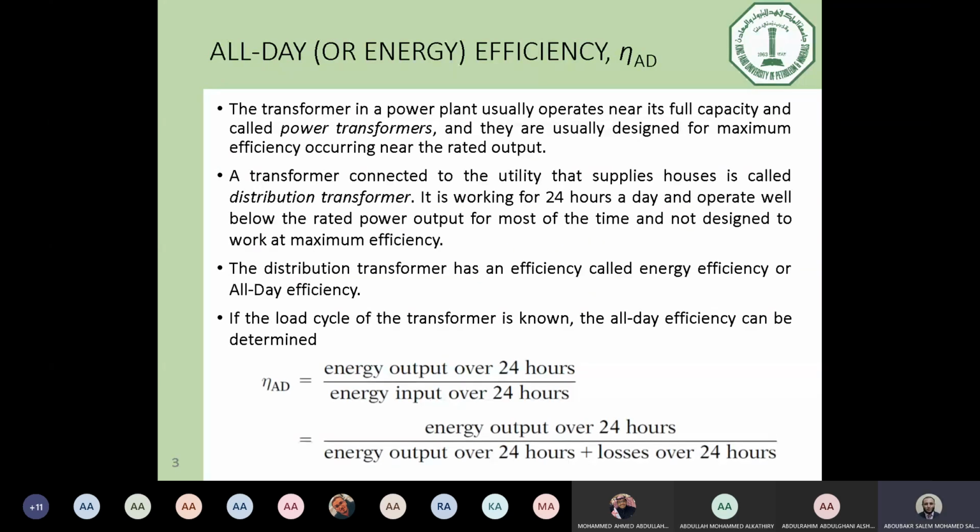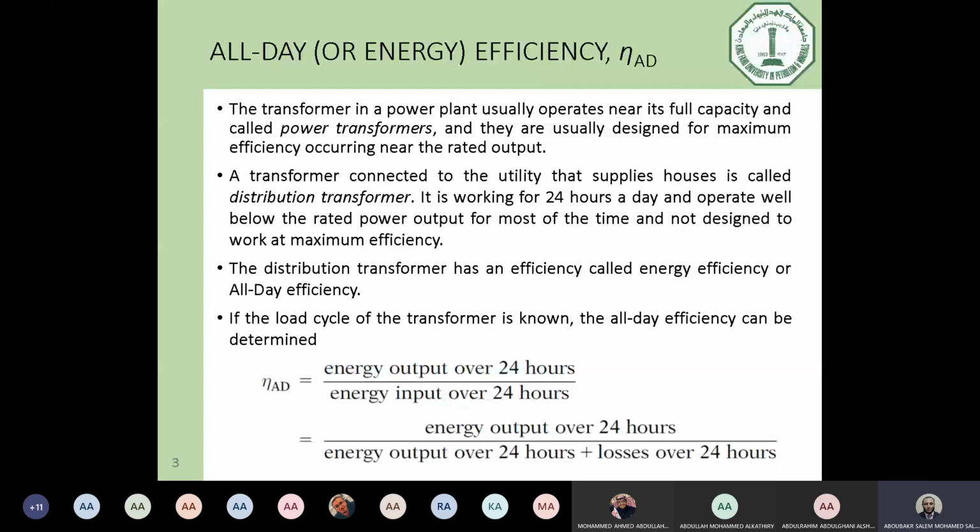So let's start with the expression of all-day or energy efficiency. Now, we have a power transformer, which exists mainly in power stations for the transmission of electrical power. We need to step up the voltage before transmitting this power to distribution.